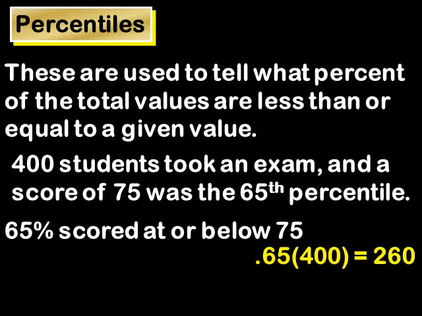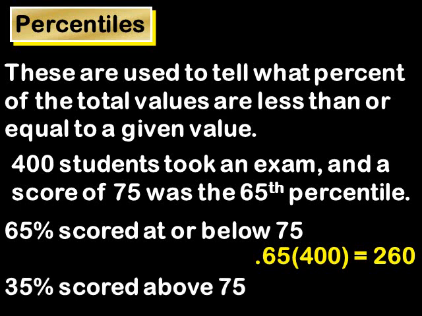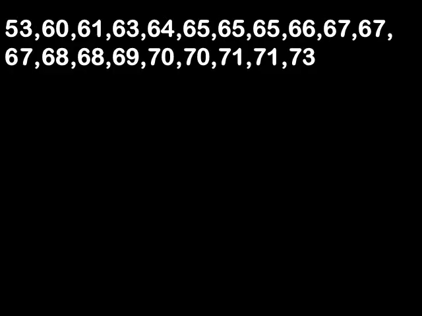There were 400 students, so we'll multiply 400 by 65% in decimal form to get 260. That is how many people scored at or below a 75 on this exam. 35% then scored above the 75. So we know that 140 people scored above a 75.